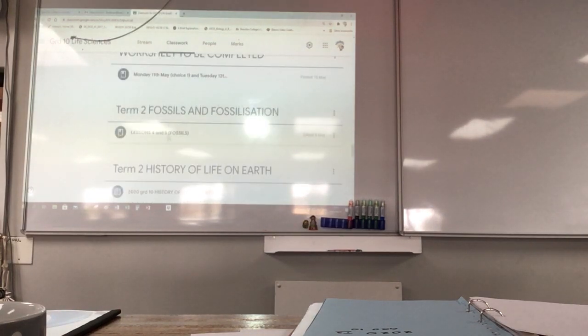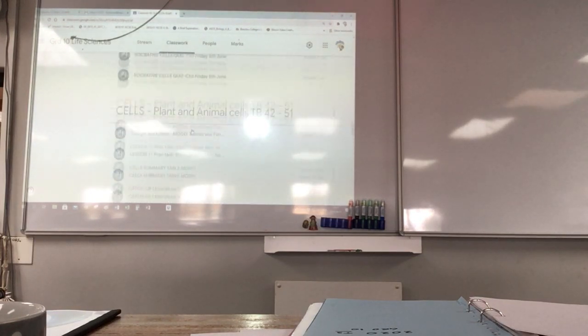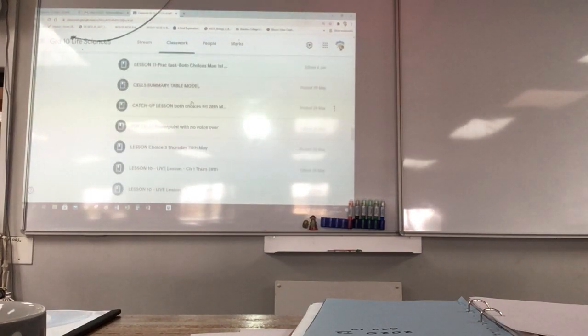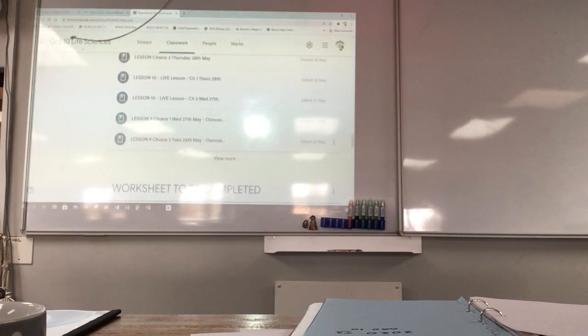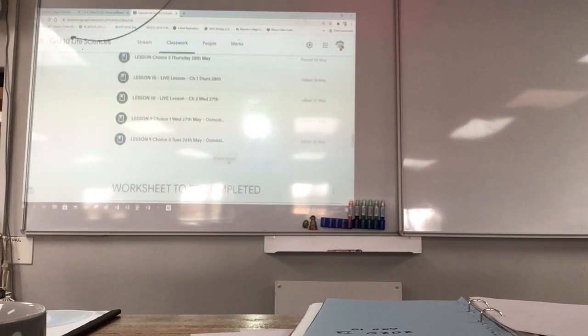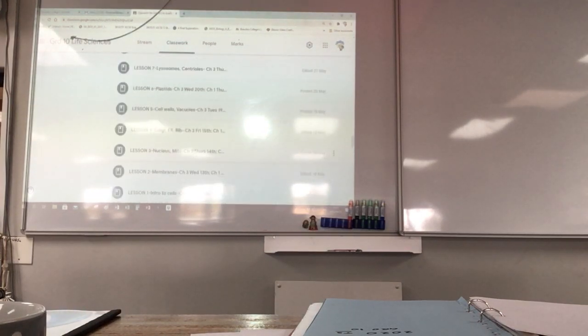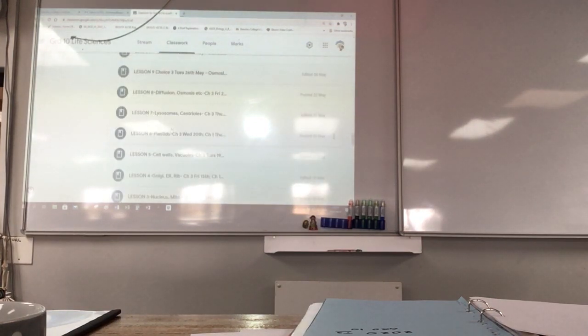We did a little bit about fossils, and then there was a worksheet, and then I found a better way to group everything. So cells, plant and animal cells. Membranes, nucleus, Golgi, it pops up.